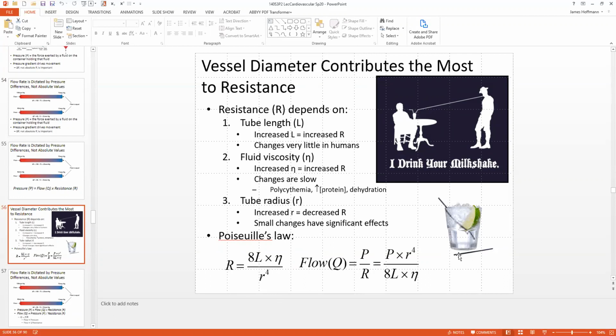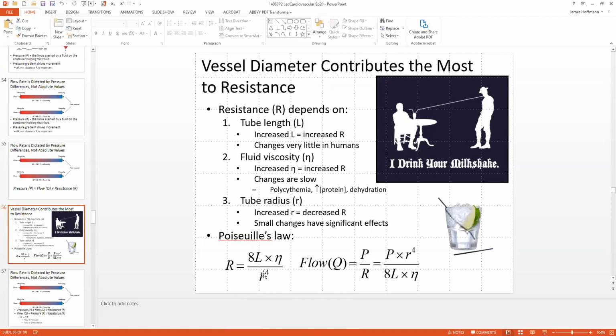So if you took a normal straw and cut it to the same length, because we know they have to be the same length, and then tried to drink from this little straw with a small radius, or a normal straw with a bigger radius, which is easier? Normal radius, right? And that's because as the radius goes up, the resistance goes down. It's on the bottom, so that's inversely proportional, okay?